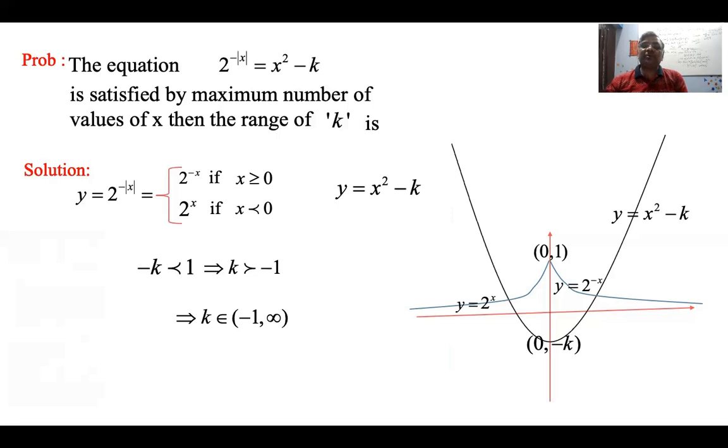Most of the time, if the problem is given like that, with complicated expressions on both sides, for the number of solutions we have to imagine both sided graphs separately, and their points of intersection are exactly the solutions of that equation. This is the way. If you imagine things geometrically, things can be solved very easily.